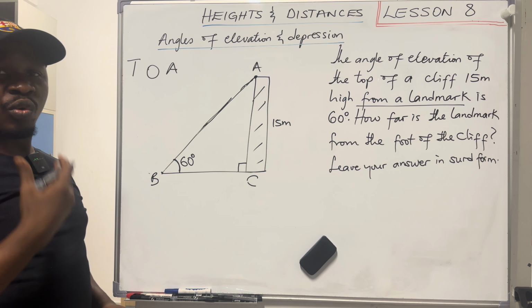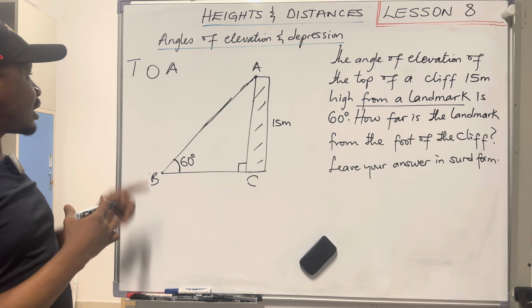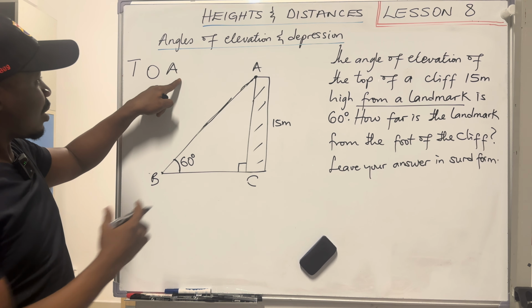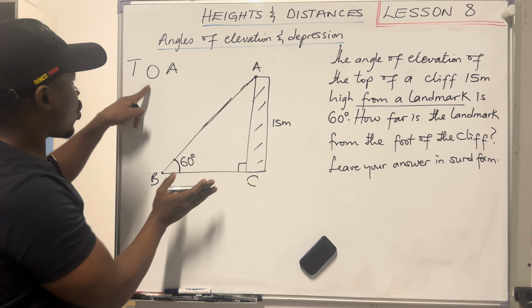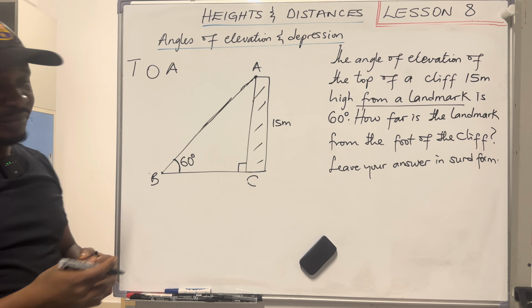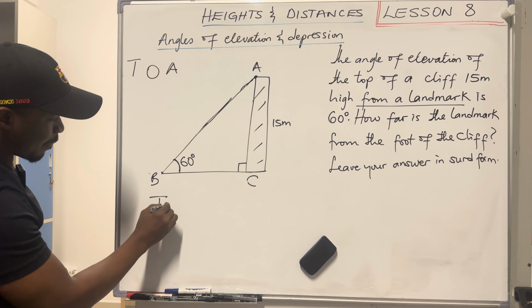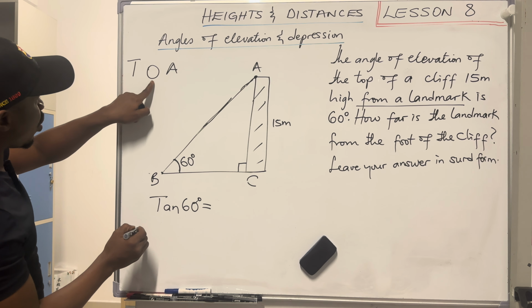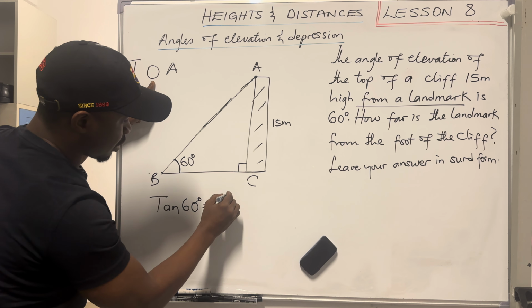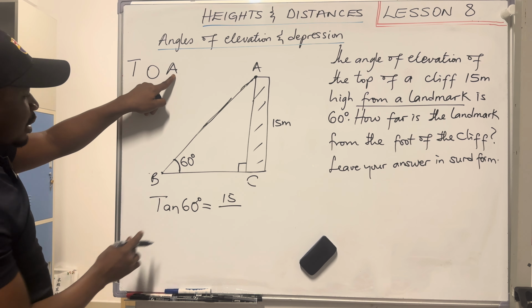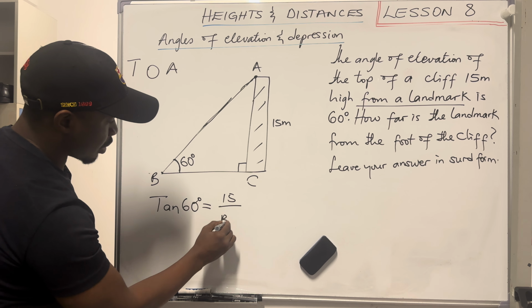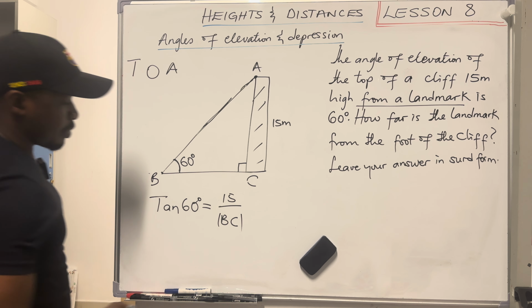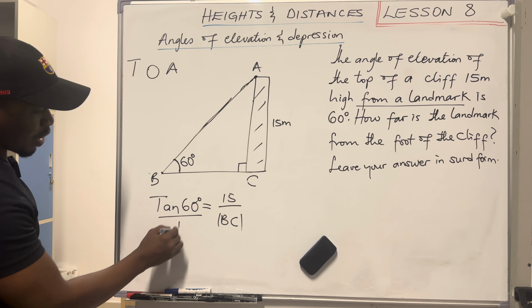Remember SOHCAHTOA. Opposite, adjacent, so we apply tan. So tan 60 degrees is equal to opposite, which is 15, over adjacent, which is BC. So we give this 1.